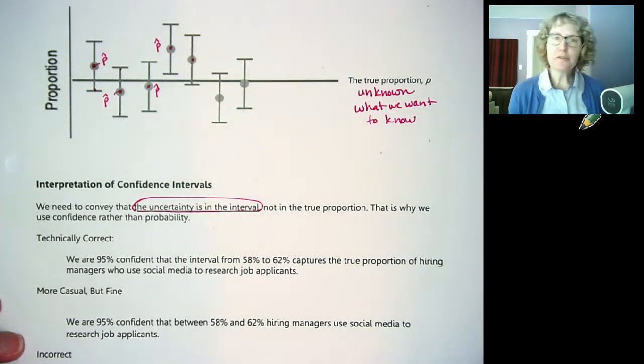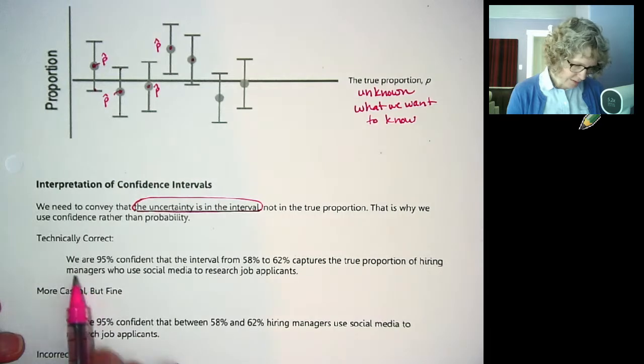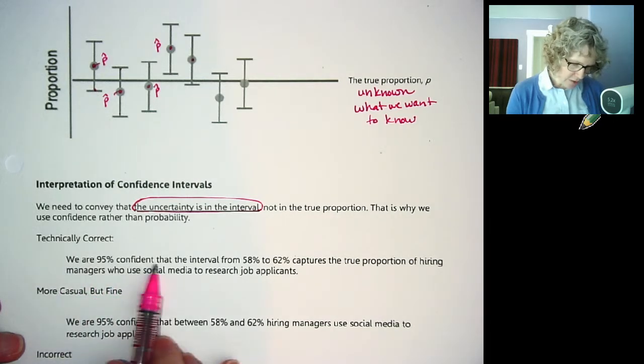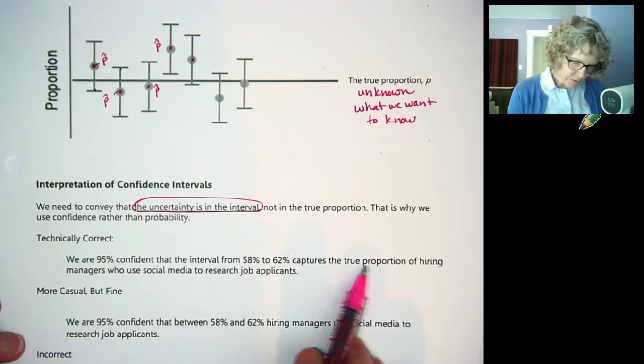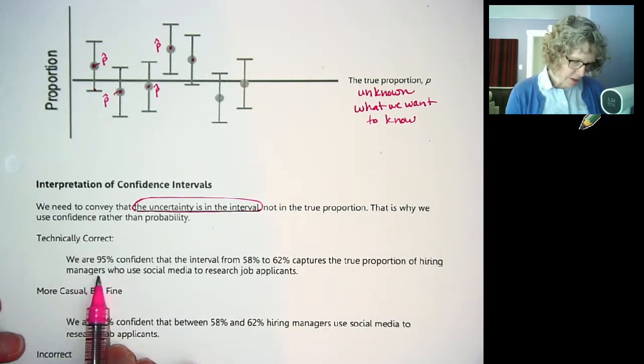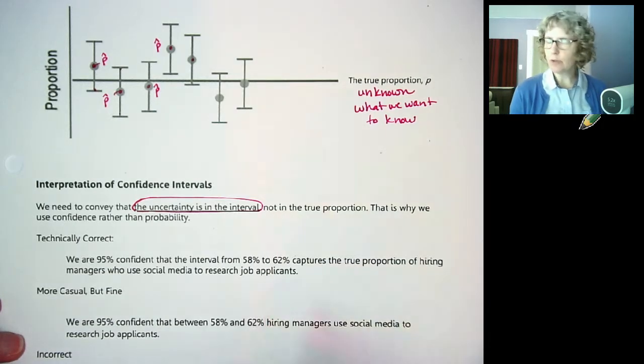So here are some different interpretations. This one is a correct one. It says we are 95% confident that the interval from 58 to 62% captures the true proportion of hiring managers who use social media to research job applicants. That's perfectly fine.